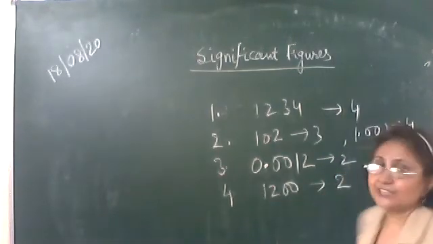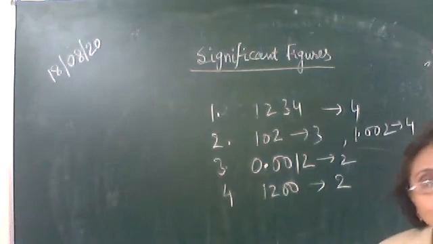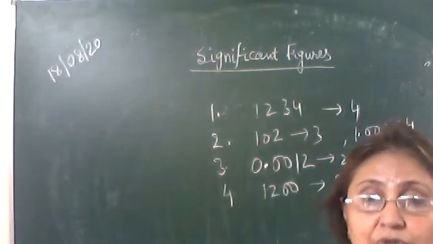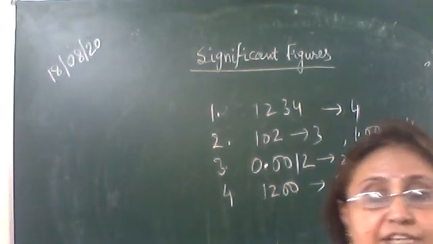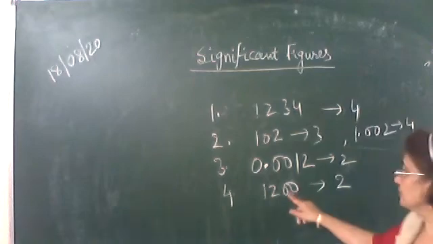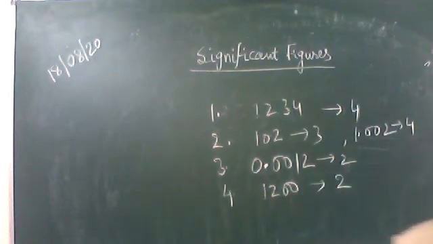So the number of significant figures here is again 2 only. Why? Because there is no decimal in the value, so the last zeros will be considered insignificant. That is, we won't count them for the significant figures. Then the next rule states that the trailing zeros in a number with a decimal point are significant.